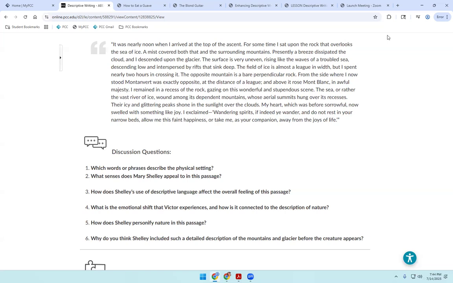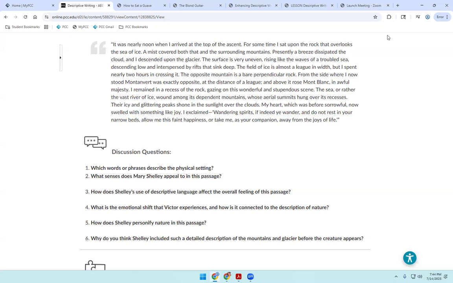A breeze. Yeah, for a while there's almost nonstop physical descriptions in here, right? Breeze, glacier, surface being uneven, rising like waves. We've got a lot of physical description for sure.